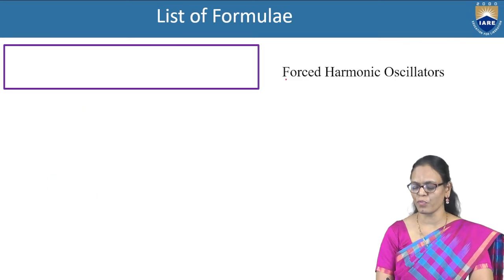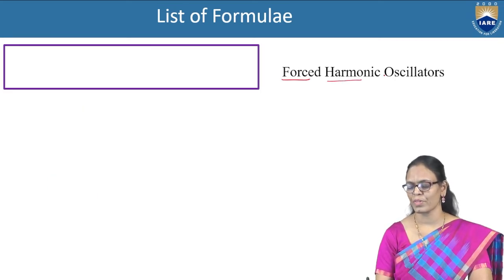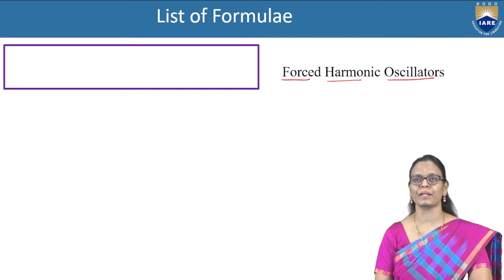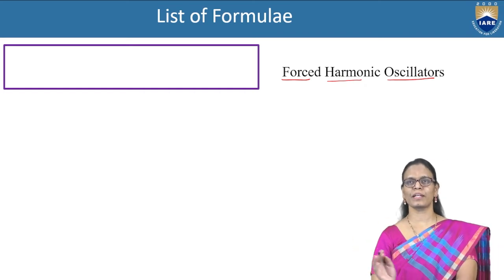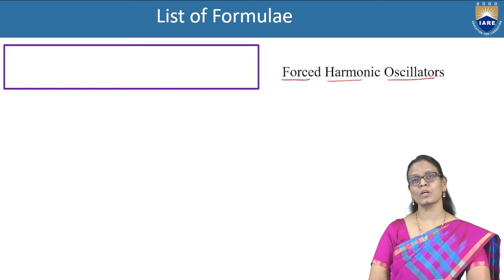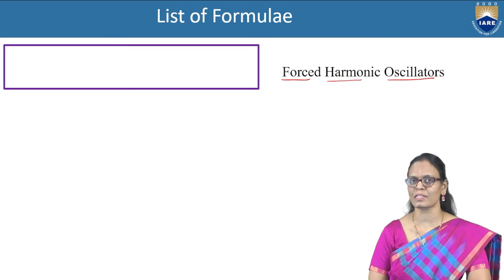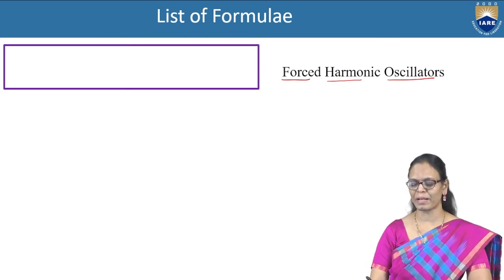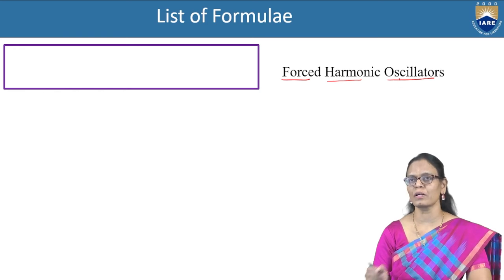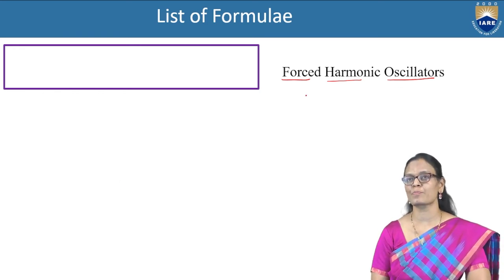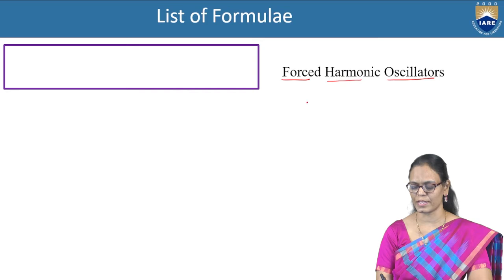Now the next one is forced harmonic oscillators. Because of the damping, the system may eventually come to rest with oscillating or without oscillating, depending upon the damping. Now, if we have to sustain the oscillations, we have to apply some external periodic force, then it becomes a forced harmonic oscillator. Now, what is the expression for forced harmonic oscillator?